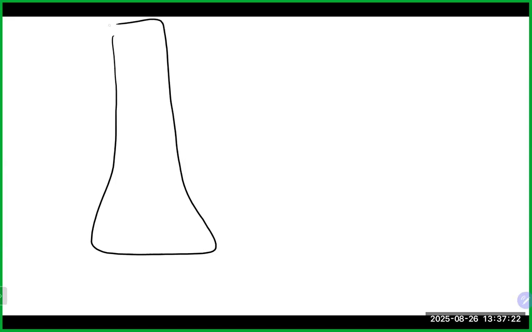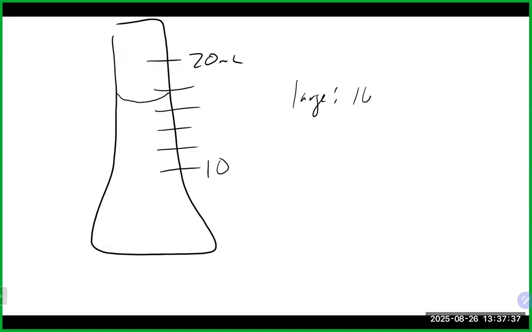Not in all cases. For example, if I had a graduated cylinder such as this, and my water right about there. In this case, our large markings is also 10 milliliters, as that's the difference between it.